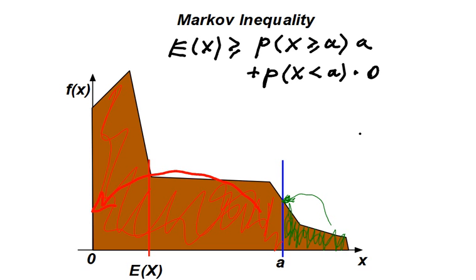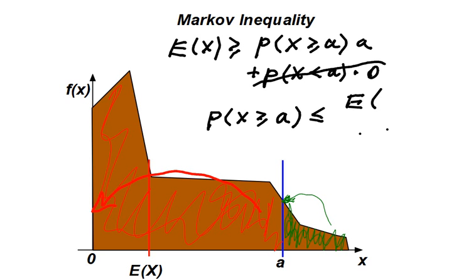Because that's what we're going to do with that part. Multiplying by 0, then this part we can ignore. And now we can rearrange this bound to say probability that x is larger or equal to A is smaller or equal to the expected value of x divided by A. Okay, and that's the Markov bound.